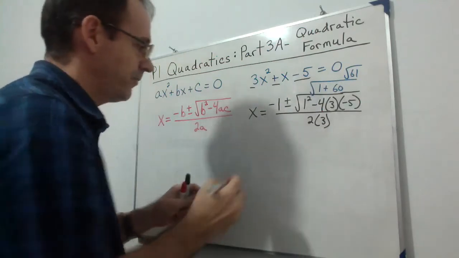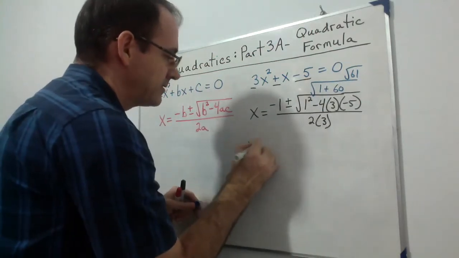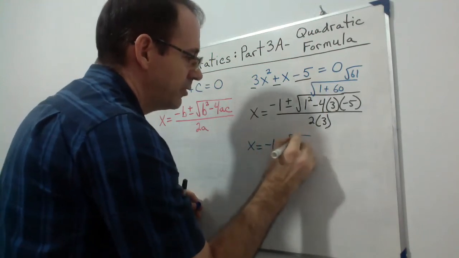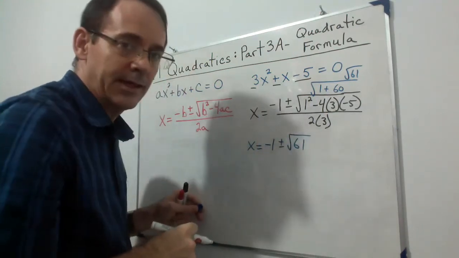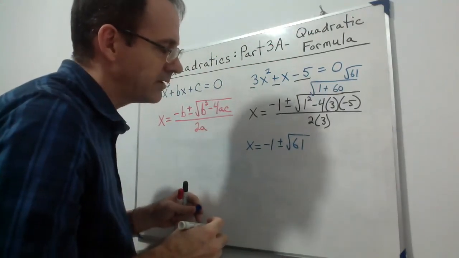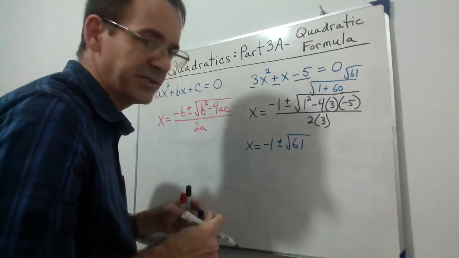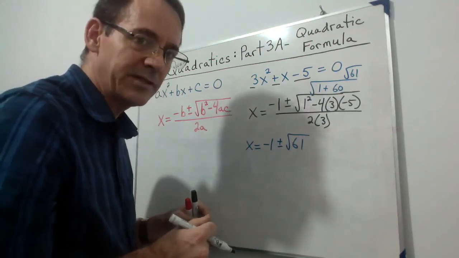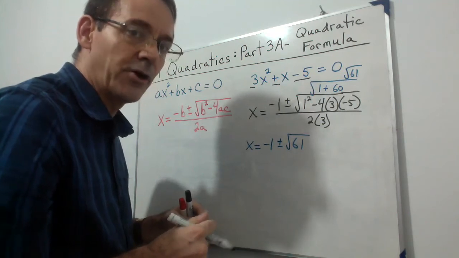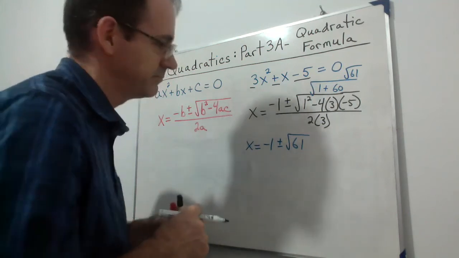Okay, so here we have x equals negative 1 plus or minus root 61, and I don't think that simplifies. Actually, let me check: 4 times 17 does not give 61.